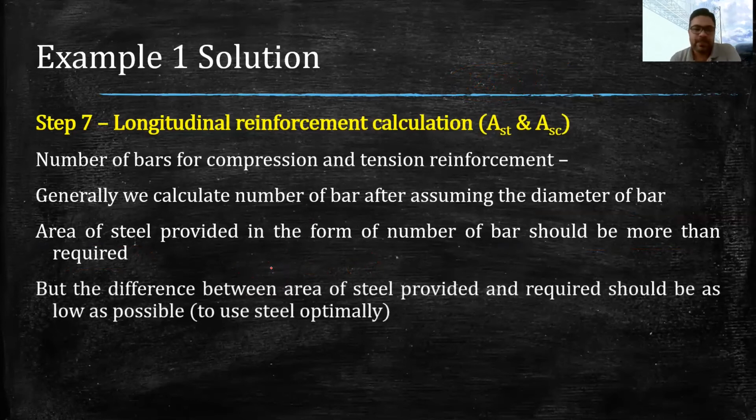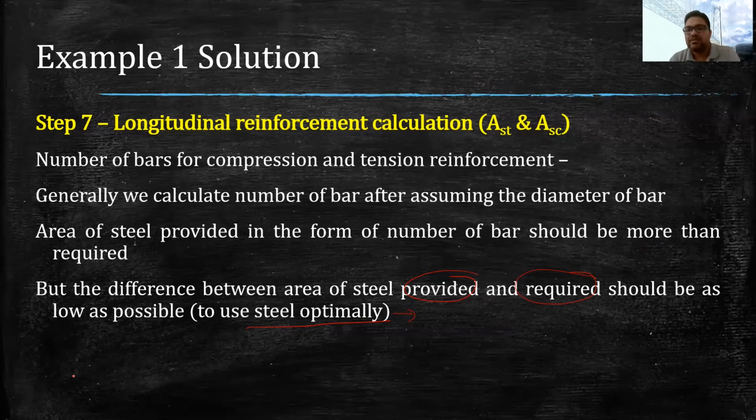After that, we also need to consider that the difference between the area of steel provided and area of steel required should not be more. It should be as low as possible. Why? To use the steel optimally or economically. To make our structure economical, we need to see that the difference between them is not large.